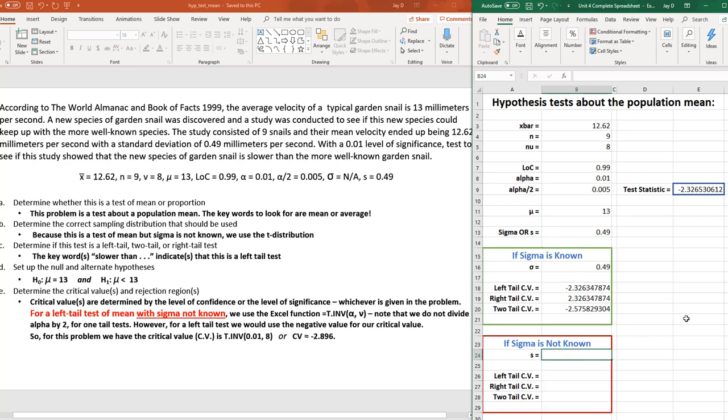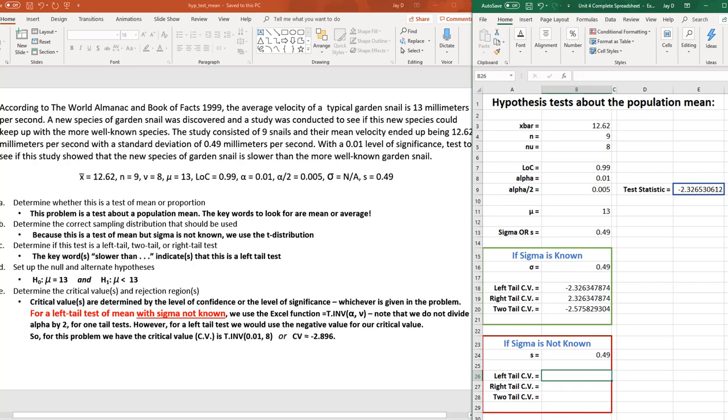S is simply a direct reference to another cell. I'm just going to type in equals and click on the cell where I have S, and you'll see whatever number you put in this box will also show up in this cell right here.